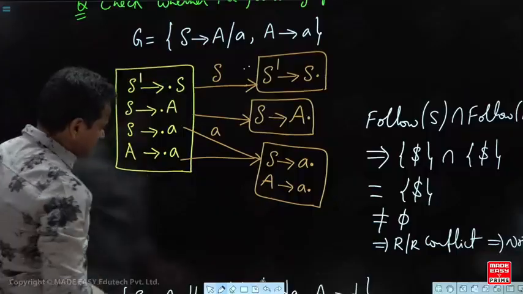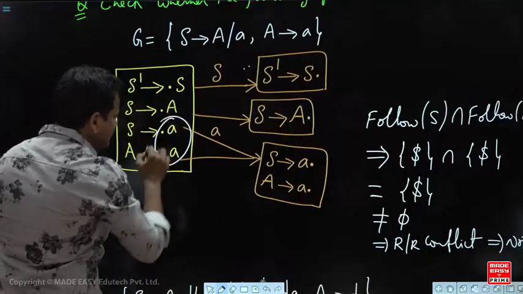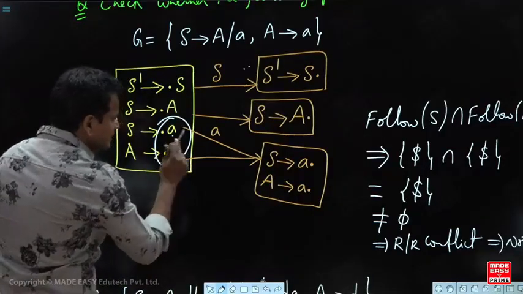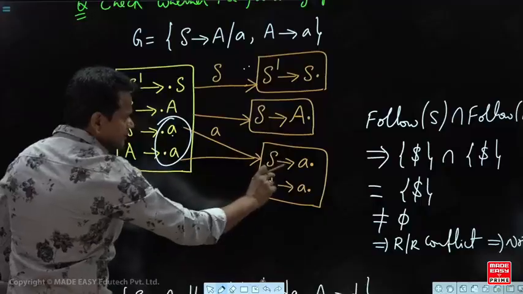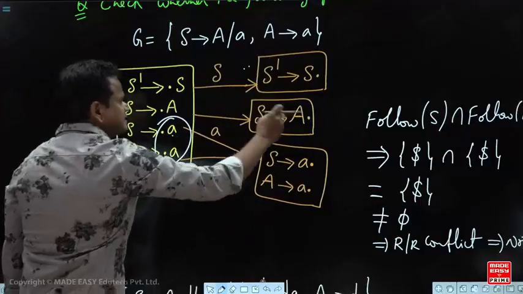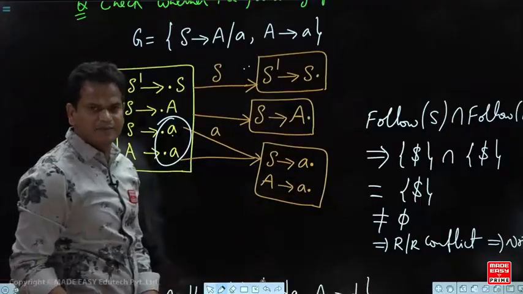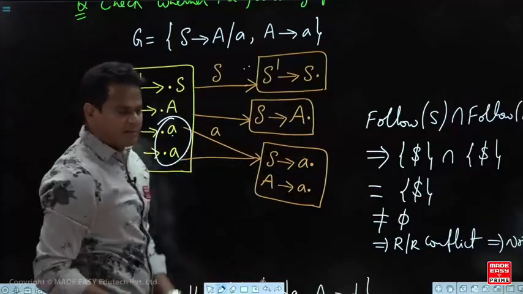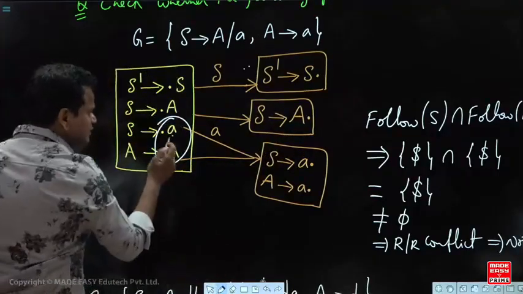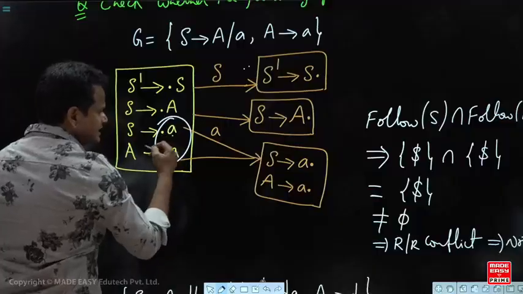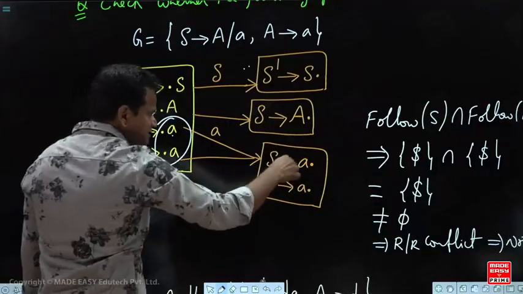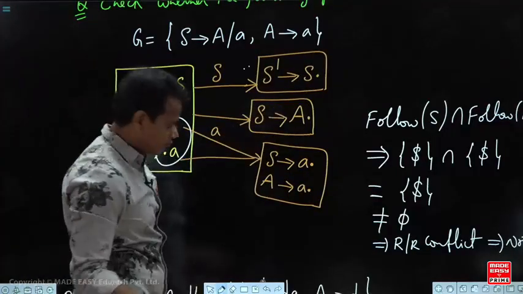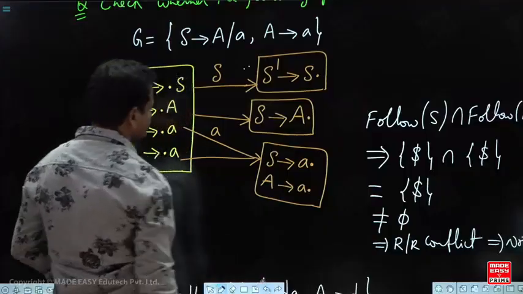While writing them you must identify that these two are the same symbols. Then go for the expansion of this one. Unnecessarily, why should I go further, wasting time? Do you understand? That is the reason I have done everything here. But in the examination, you must identify this and this, so there is a chance of a conflict. If there is no chance, then go for the remaining expansion. Just copy this one.